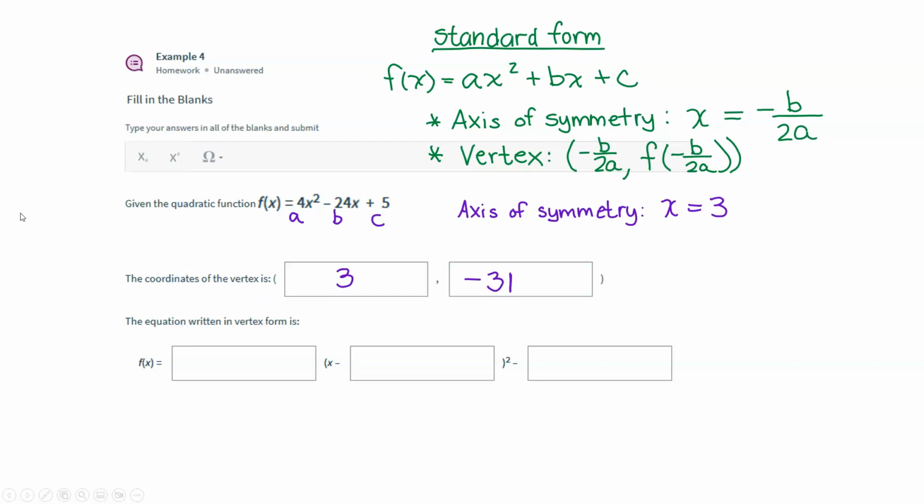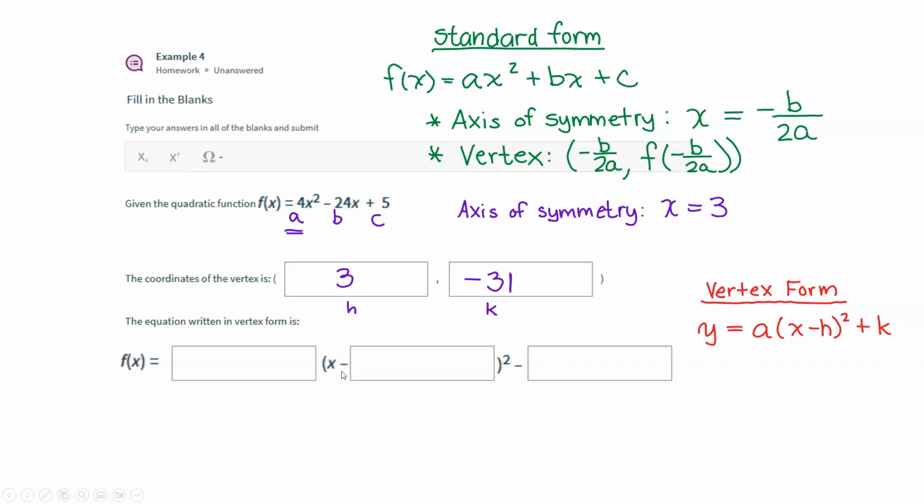Well, since you know what the vertex is, and the a value would be the same for this as it would in the vertex form, which is a times x minus h squared plus k, where h and k are the coordinates of the vertex. And this a value, as I said, is going to be the same as this a value here.